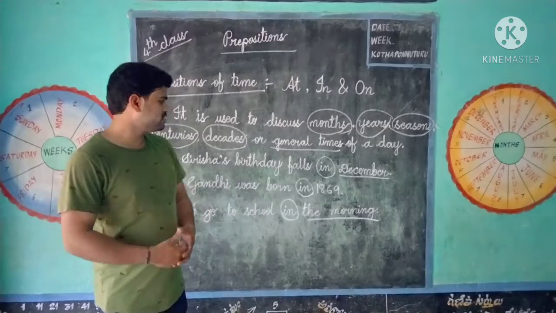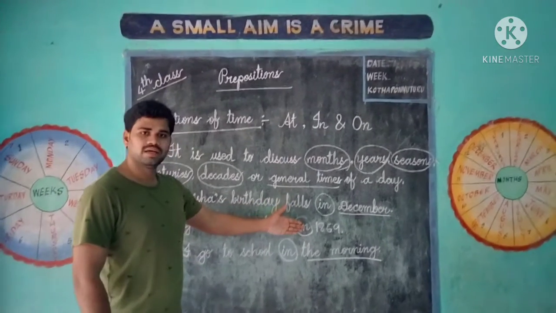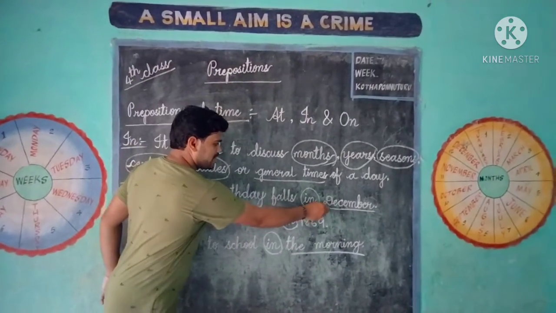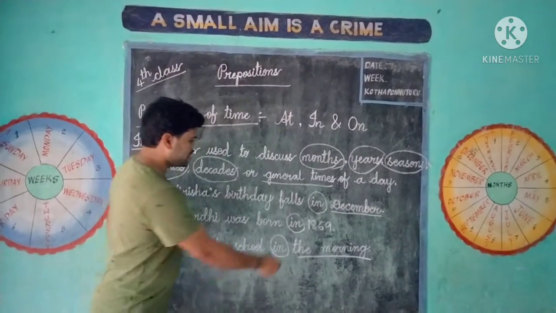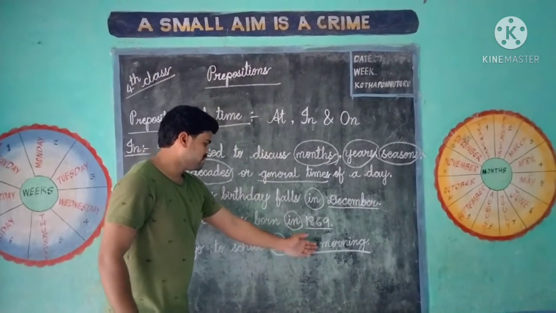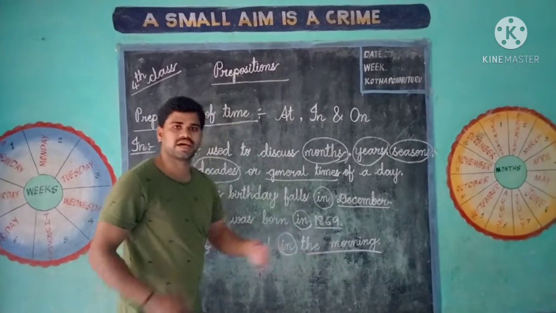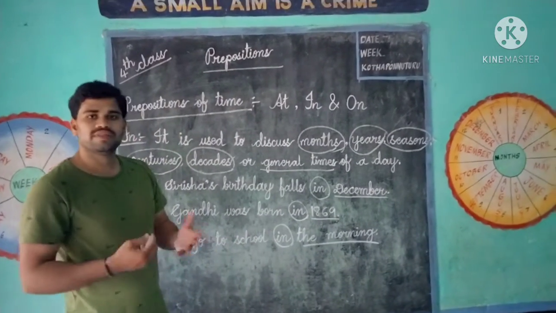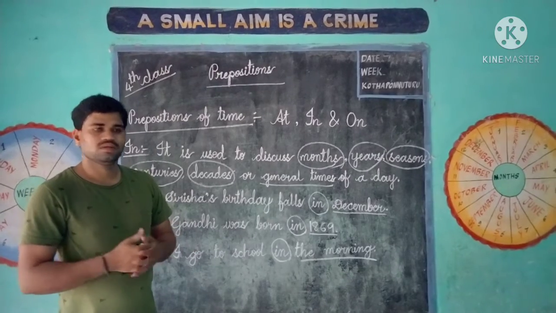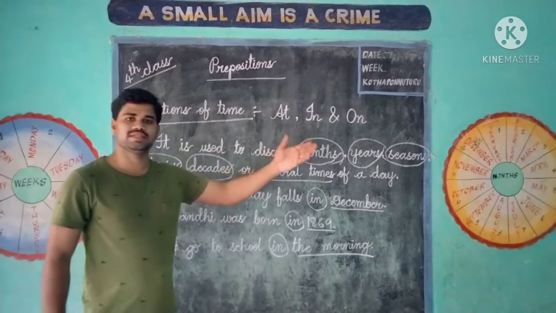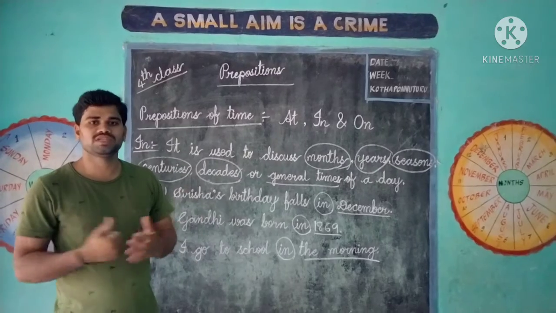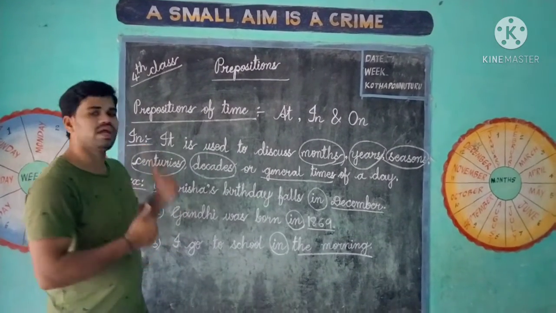Here the preposition in is used with the month December, the year 1869, and the word morning, a general time of a day. That's why when we talk about things like months, years, seasons, decades, centuries or general times of a day, we must use the preposition in.